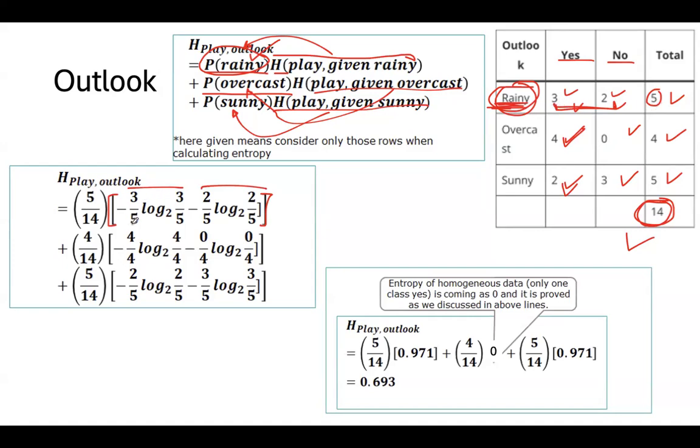So 3/5 is the probability of yes in rain, and 2/5 is the probability of no in rain. Total instances of rain are 5. You calculate this entropy and multiply it with the weight of rain, which is 5/14. You do exactly the same thing for overcast and for sunny, and you add it up, and that gives you the overall entropy of outlook.